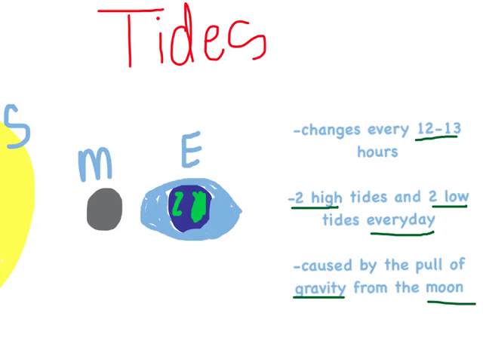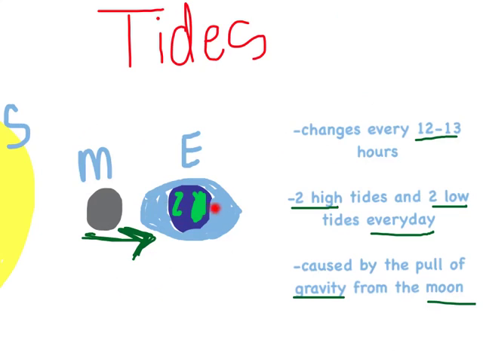Okay, so we have a little diagram here. We have our moon, and we know that that moon is pulling on the earth, and that gravitational pull from the moon is going to cause our earth to shift. When our earth shifts, it causes these bulges right here.